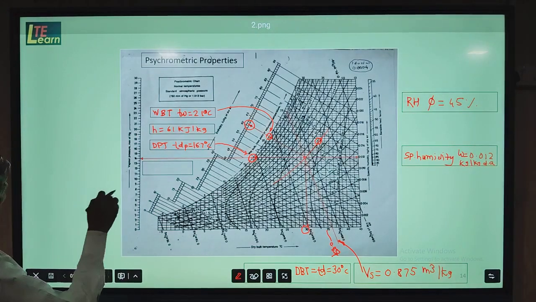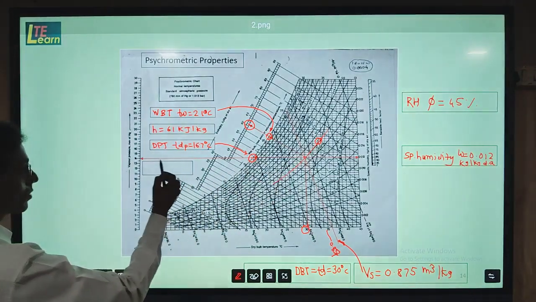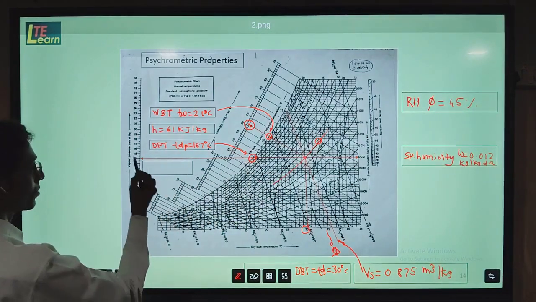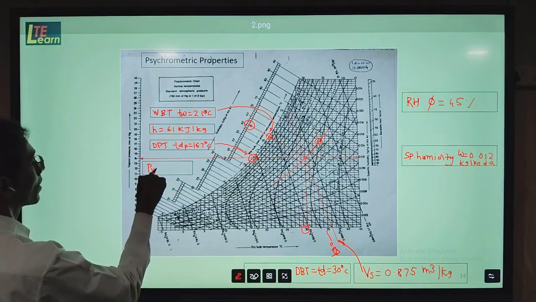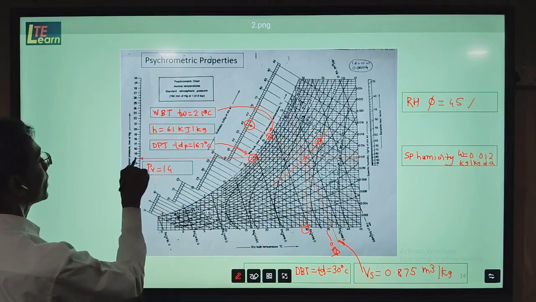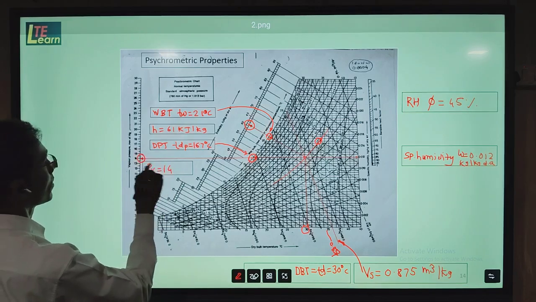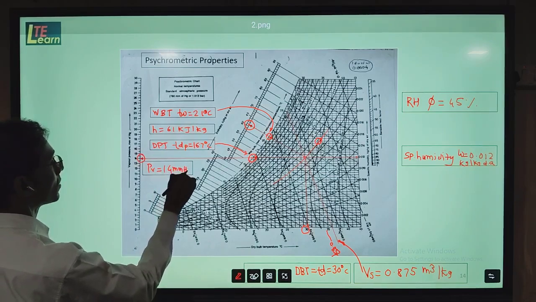And the last property on the chart that we find, horizontally, if you take extension of this line up to the vapor pressure scale, here we will find the vapor pressure PV is equal to 14 mm of Hg.